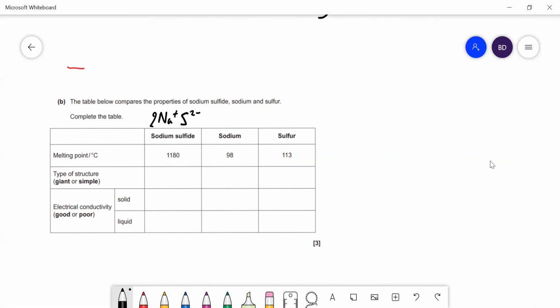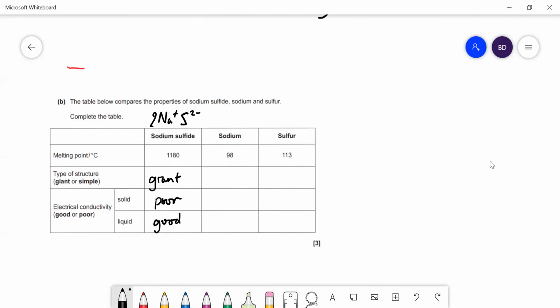So it is going to be giant ionic lattice. It's giant. It won't conduct when it's solid, poor, because the ions can't move. But then when it's liquid, it will conduct well, because the ions can move and carry the current. The sodium ions and the sulfide ions can move.